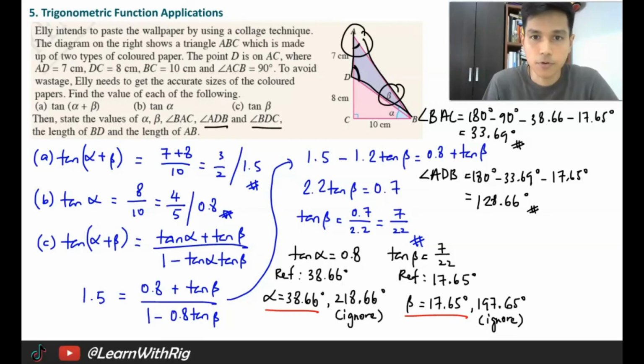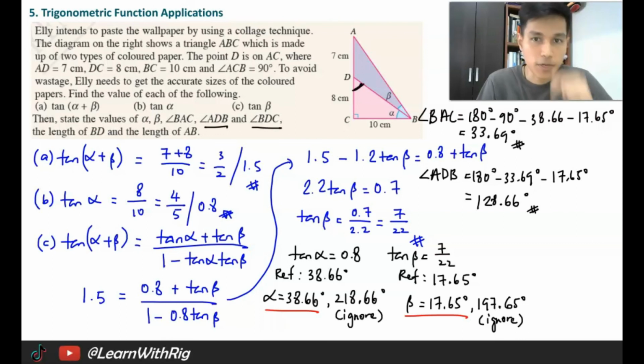Then they ask for BDC. Where is BDC now? BDC is here. There are two ways. Either you use this triangle here, 180 minus 90 minus alpha, or you can straight away take 180 minus this, because you've already found this in the previous question, ADB.